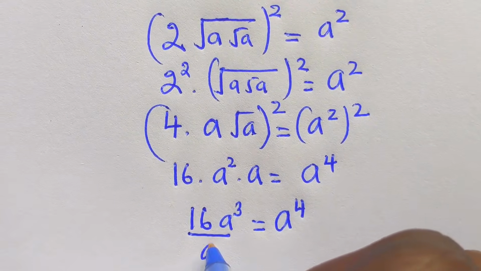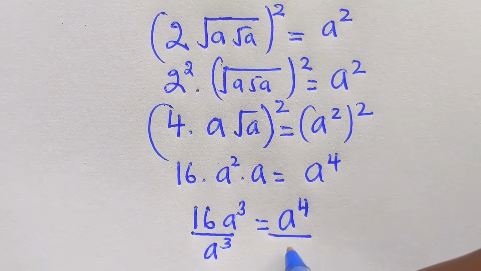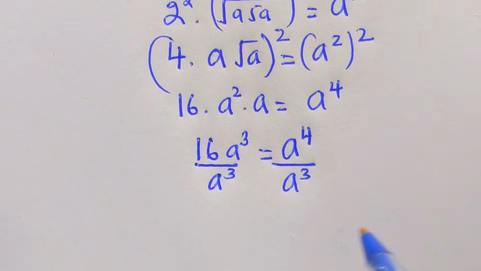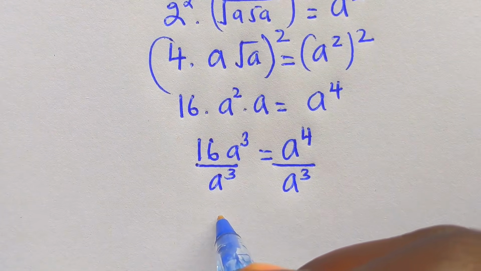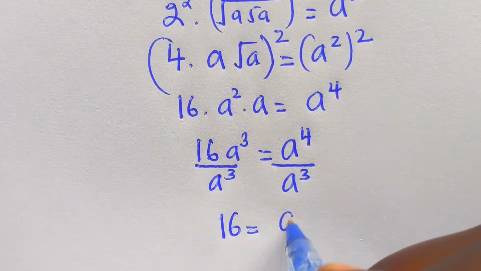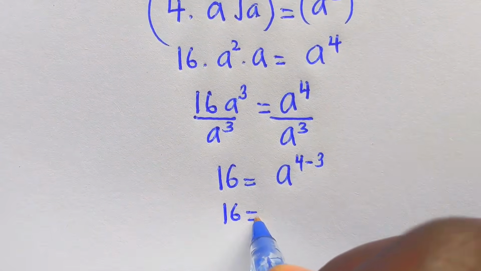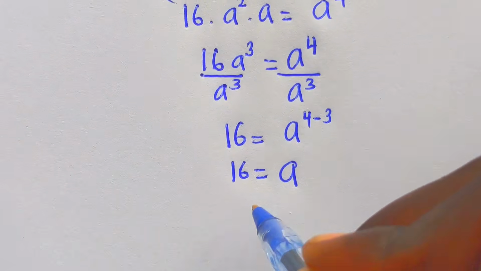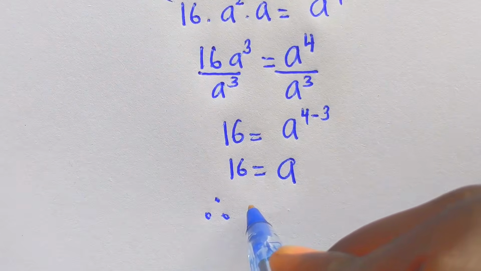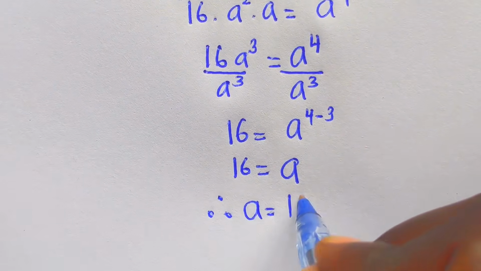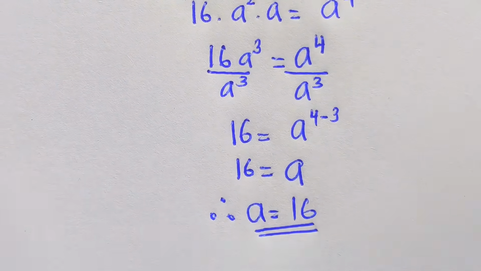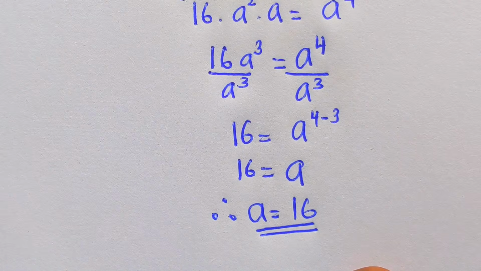We divide by a power 3 on both sides, and of course 16 will be a power 4 minus 3, so 16 will be a. Therefore a equals 16, as this is our solution.